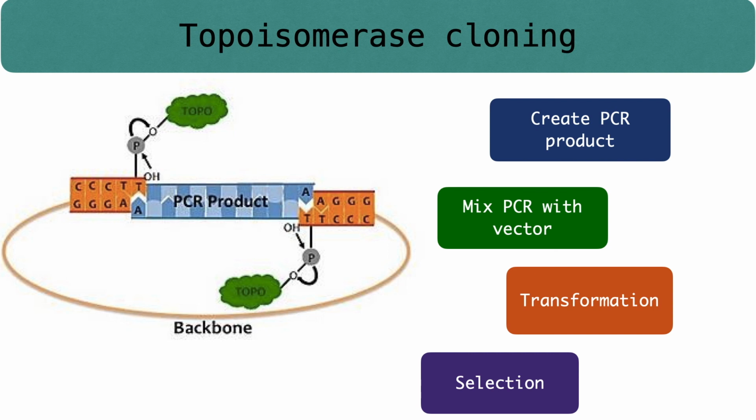So we can directly select that growing colony and confirm this is our successful recombination. Otherwise, if the gene of interest did not ligate well, the colony won't grow. So we can select in this way as well. And this much about topo cloning.